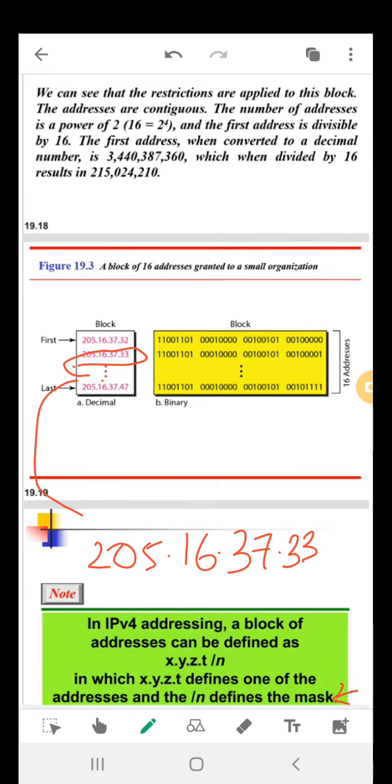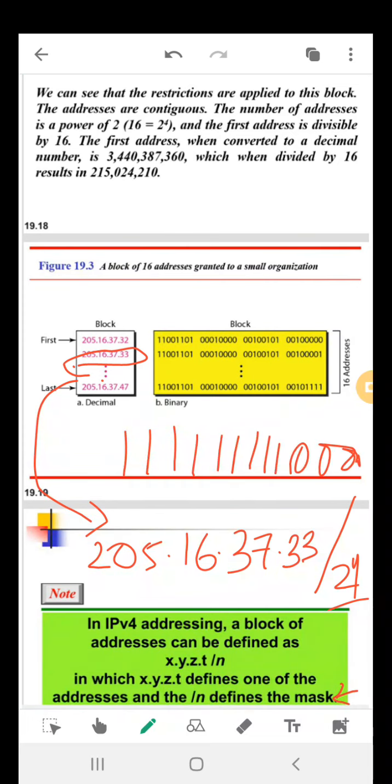So every IP address will have its mask address, and the mask address is going to give us the information about the network ID and the host ID. So for this example, if I write the mask address as 24, it means that we have 24 1s followed by 0s. So in total it has to be 32 bits.